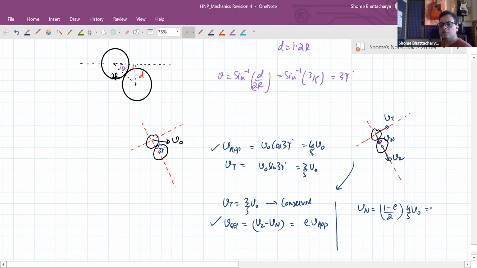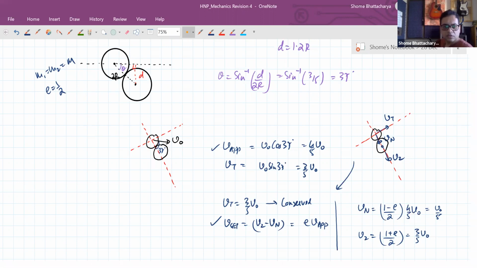With e equal to half, this becomes 1 minus half, so that's half, and it becomes V naught by 5. And our V2 will be 1 plus e by 2, because m1 equals m2 equals m, and e is 1 by 2. So this becomes 3 by 4 of 4 by 5 V naught, which is 3 by 5 V naught. So these are the answers.